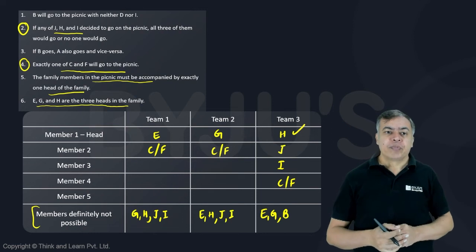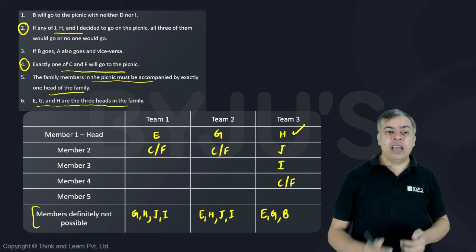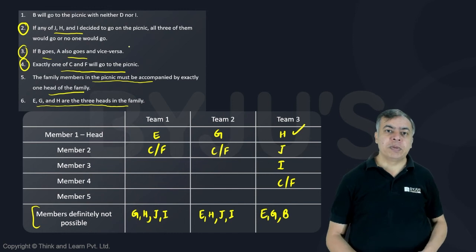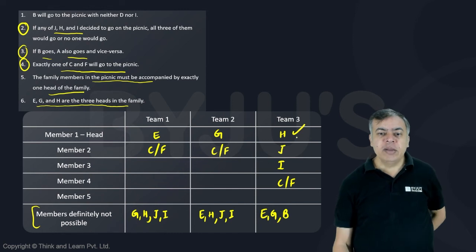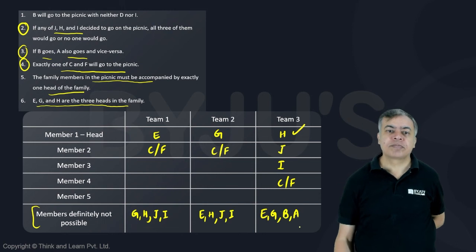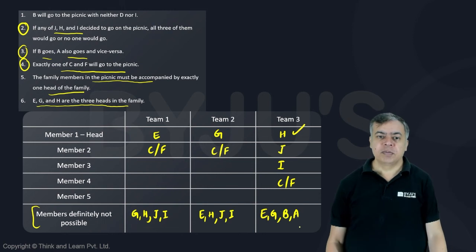Now for A and B, see the third point. If B goes, A goes, or vice versa, that means B and A must be together. So in team 3, if B is not possible, A is also not possible.